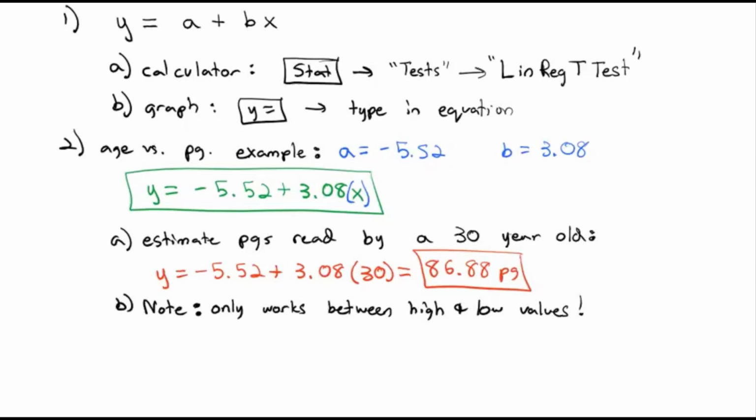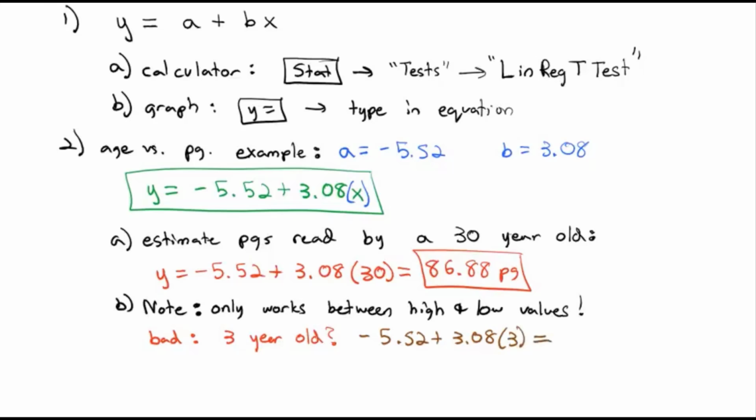So for example, this would be bad. Could we figure out a 3-year-old? Well, mathematically, it would make sense if 3 is the age. We'll just plug 3 in for the x, and we get negative 5.52 plus 3.08 times our 3-year-old.